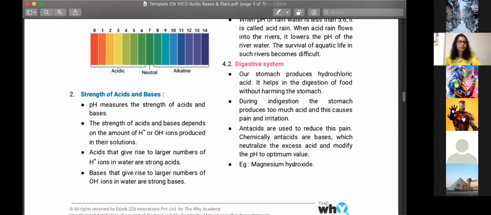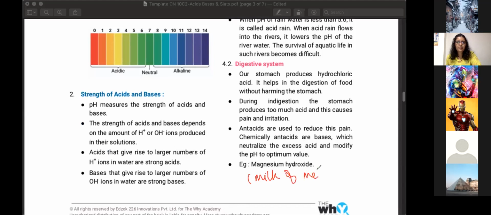Bicarbonate is also used. Magnesium hydroxide is called milk of magnesia. If anyone's keen on history, if you keep researching historical texts on the internet, and you come across something called milk of magnesia as a cure for stomach upset, it's nothing but magnesium hydroxide, and it's an antacid.